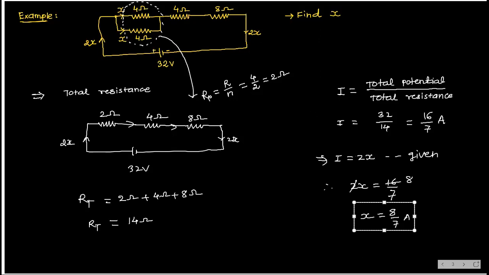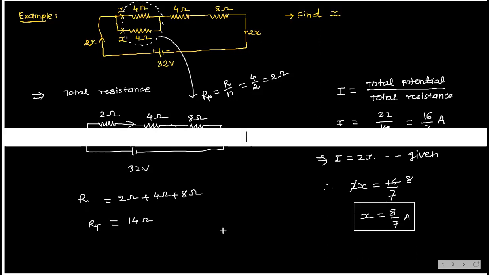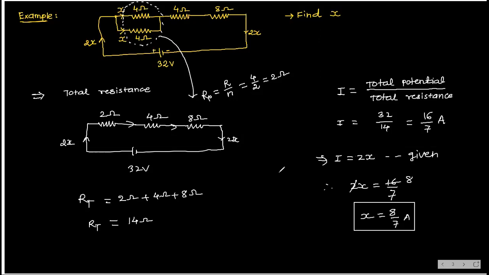Excuse me, sir. Is 8 by 7 right or not? So current across the 4 ohm resistor is how much? If we take the value of R as 4 ohms, then we are getting something different, sir.